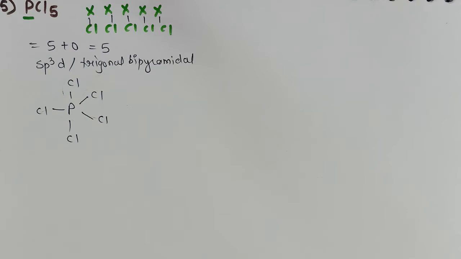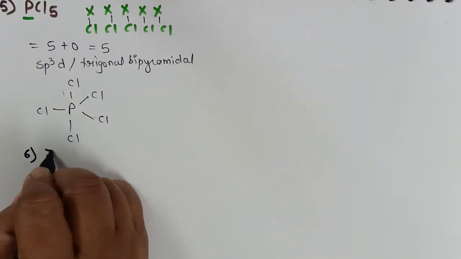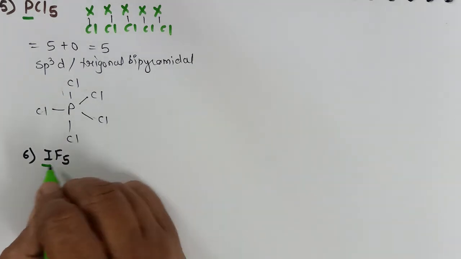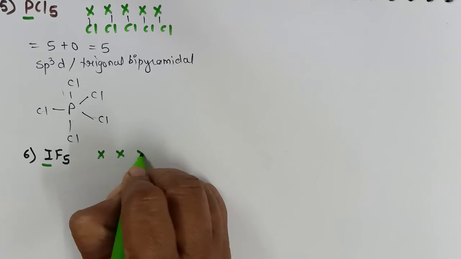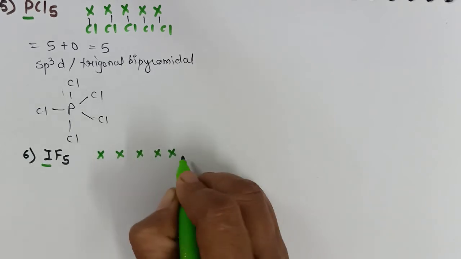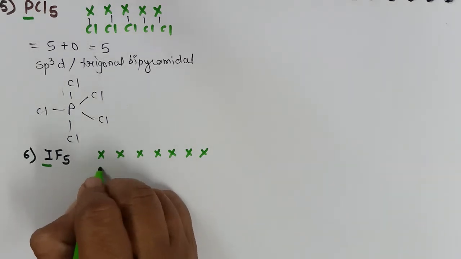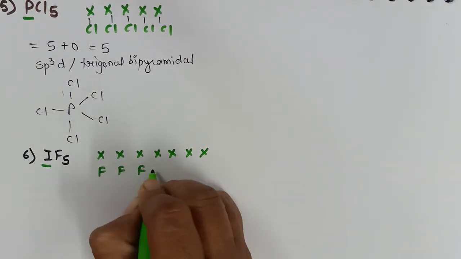Moving on to the next example, it is iodine pentafluoride, IF5. Now in this compound, iodine undergoes hybridization. In iodine, there are 7 electrons in the outermost shell. Out of these 7 electrons, 5 will be utilized in making bonds.